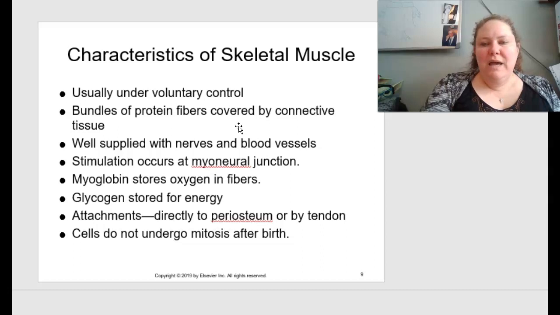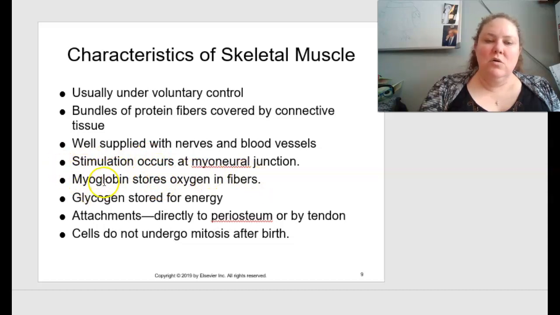These are well supplied with nerves and blood vessels because they need those nutrients. Stimulation occurs at the myoneural junction, and myoglobin is going to store oxygen in our fibers. So remember, hemoglobin is our transporter, whereas myoglobin is the one that actually stores the oxygen in our skeletal muscle fibers. Glycogen can also be stored here for energy.